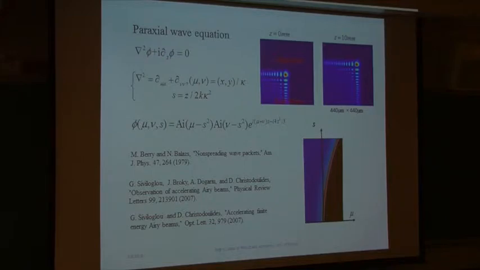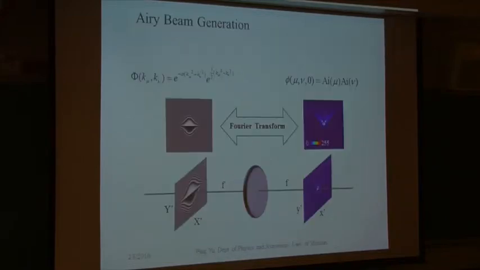Before we further discuss the properties of the Airy beam, let's look at how to create an Airy beam. Suppose you have an Airy function. That is a two-dimensional Airy function described by this function. So we have Ai, which means Airy, and another Airy function along the x and y directions. My units over here are reduced units.